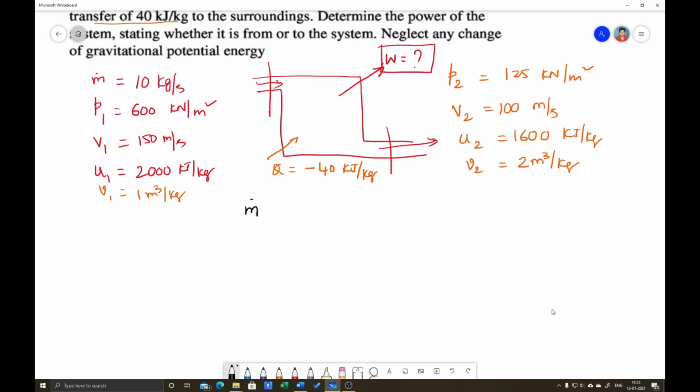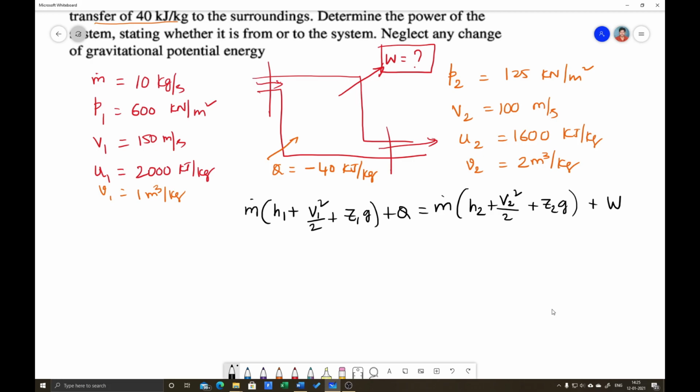So the steady flow energy equation is m dot into h1 plus v1 square by 2 plus z1g plus q is equal to m dot into h2 plus v2 square by 2 plus z2g plus w. Okay.